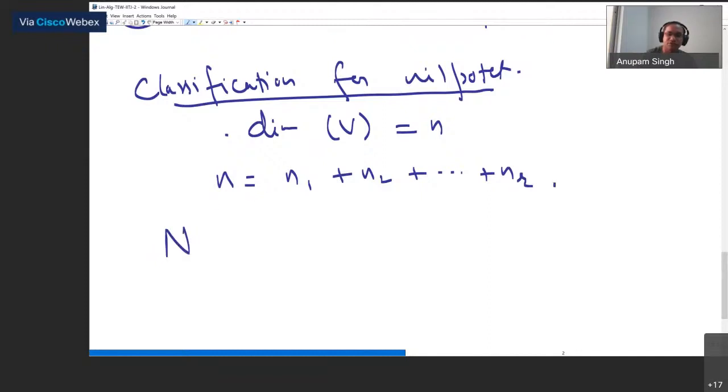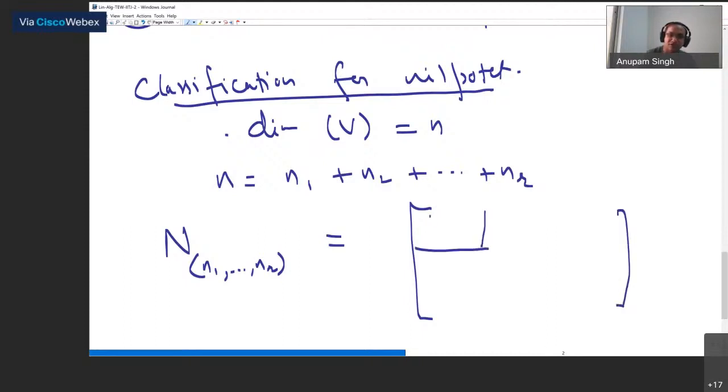So suppose this partition, let's just write it as n1 up to nr. This nilpotent matrix would look like something like block diagonal, where 0 on the diagonal and 1, 1, 1 above the diagonal and all other zeros. This is of the size n1 by n1.